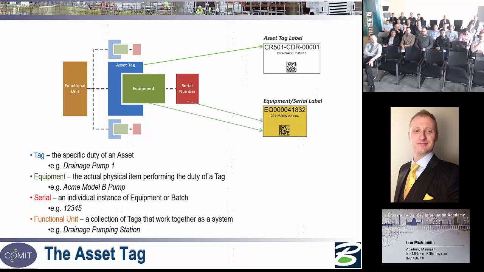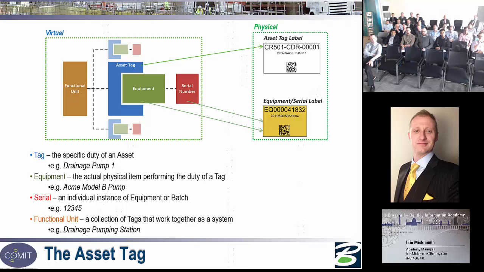So in the Crossrail world, pinch with pride, I call it. I pinch their slide completely because I like their concept and how they've done it. So it's a Crossrail setup on here. But in the physical world, you have your labels. In the virtual world, you have your tags with the equipment in the asset register.